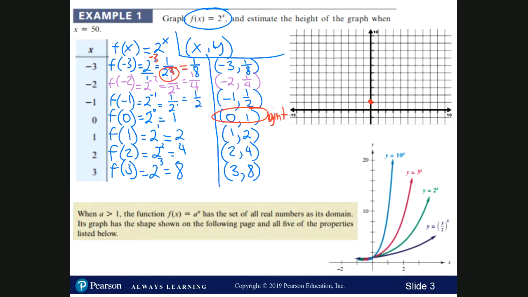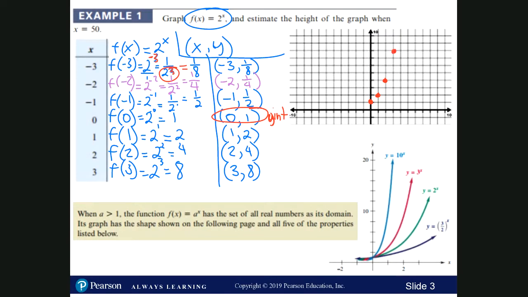Now, the next point, I like to graph the ones with positive numbers, the ones that don't have fractions, I should say. So I'm going to graph 1, comma 2. So that will be here. And then I'm going to graph 2, comma 4 here. And then I'm also going to graph 3, comma 8. So it will be there.